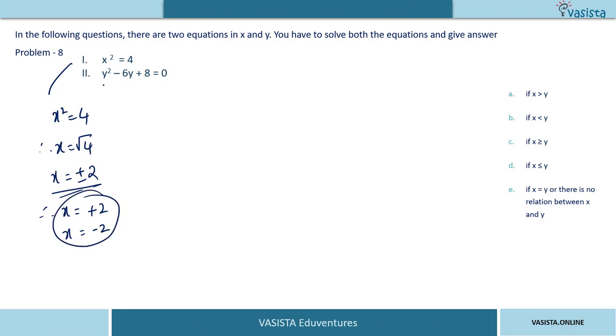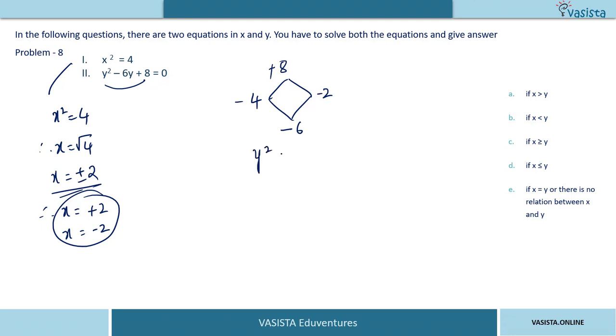Now by observing here, when you multiply you should get plus 8. When you add you should get minus 6. We can get it through 4 2s are 8, and minus 4 minus 2 you are going to get minus 6.